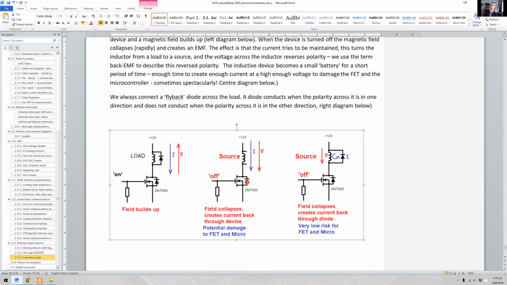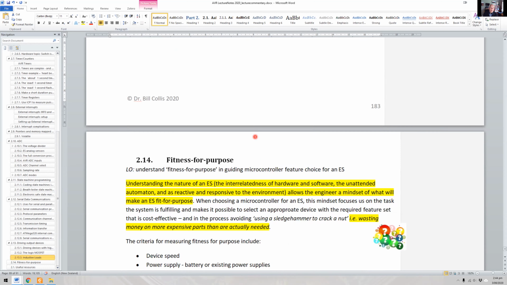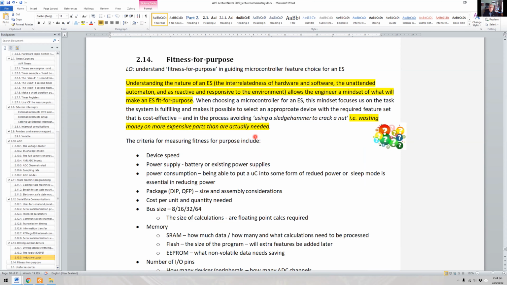So that wraps up the ideas around connecting devices, and there's really only one little section left in the course, and that is just a general comment about what you've learned so far. We've looked at how hardware and software work together inside a microcontroller, the fact that a microcontroller inside an embedded system is an automaton, and that has got to be reactive and responsive to the environment because there is often no human input to many of these devices.